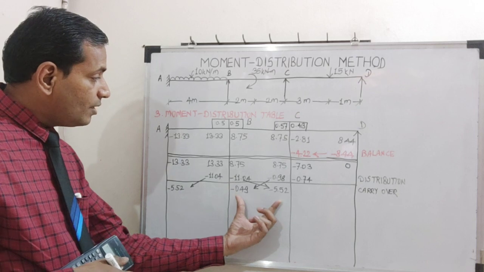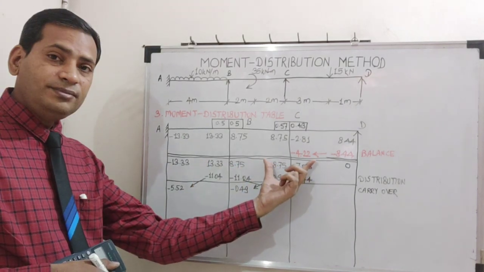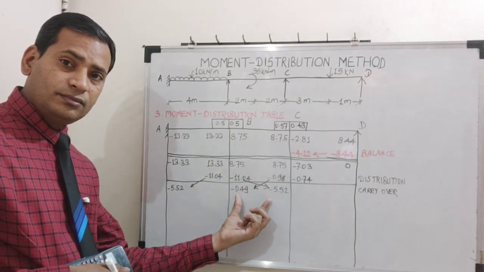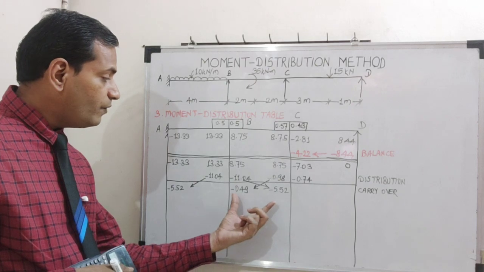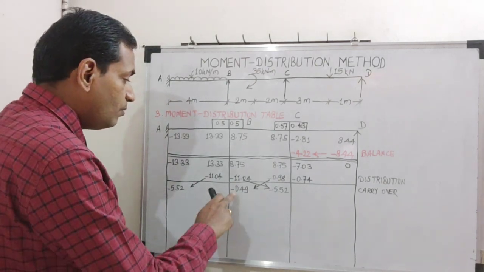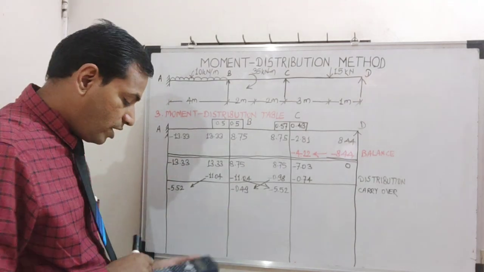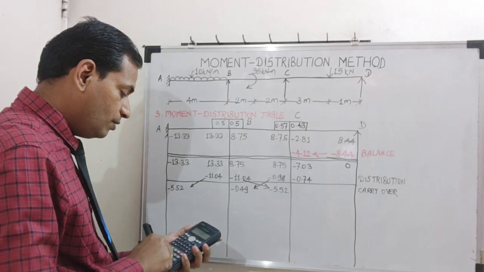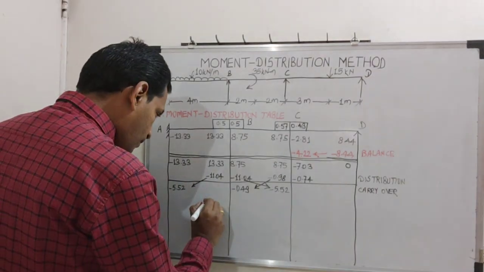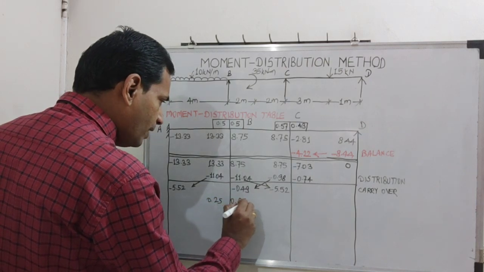So now initially we had these two values or these net values we distributed. Now we have these two values, unbalanced moments. Now we will distribute them further. So let us carry out. Minus 0.49 is unbalanced moment. Make it plus. So 0.49 into 0.5. So it is 0.25. We will round it off to plus 0.25 each value.